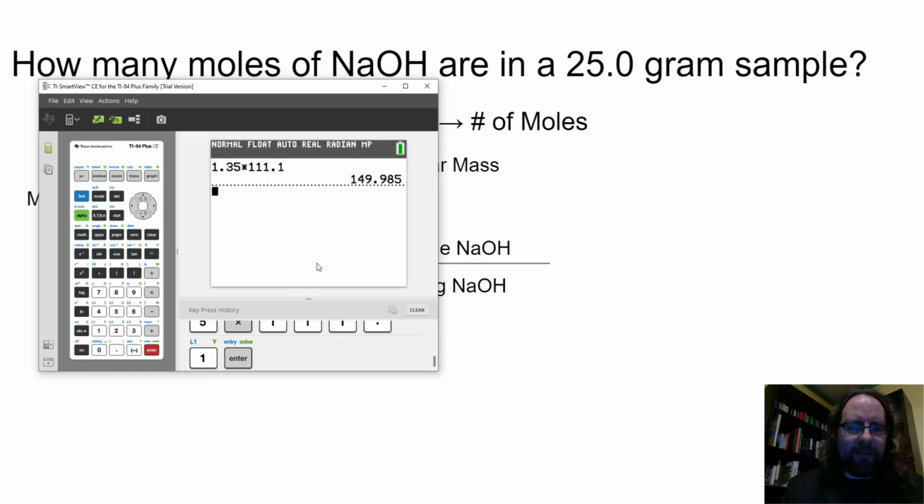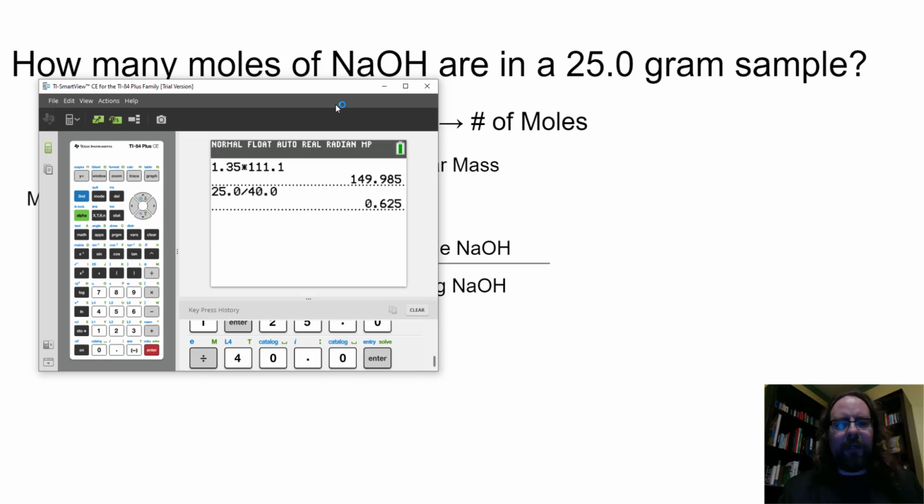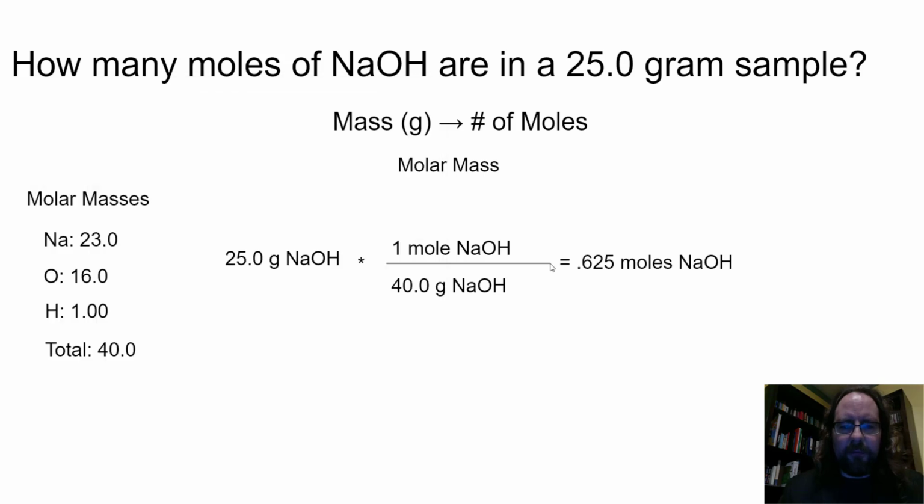Taking out my calculator again, I'm going to do 25.0, and I'm dividing that by 40.0. And we get that there's 0.625 moles of sodium hydroxide in our sample.